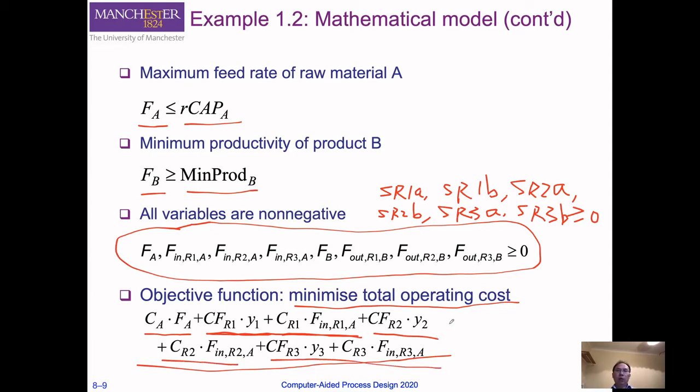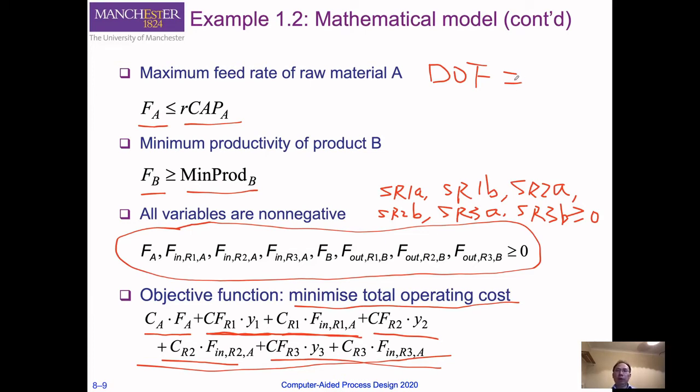Okay, now we can also calculate the degrees of freedom. DOF is equal to, even in this example where we define integer variables, we can use the same definition to calculate the degrees of freedom.